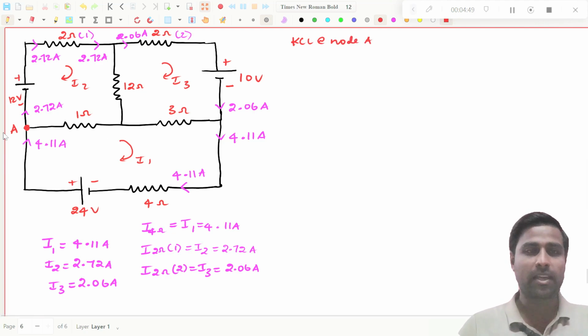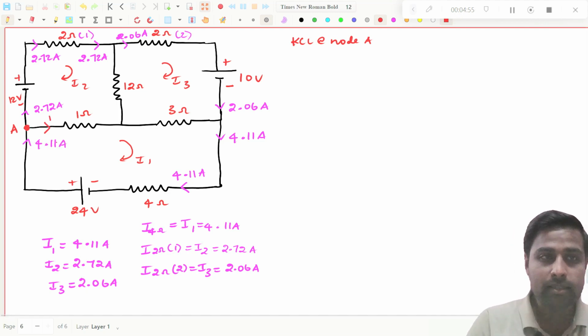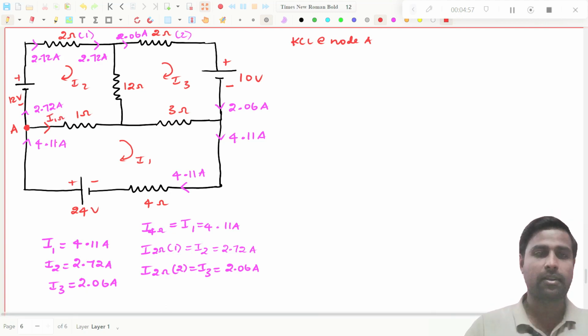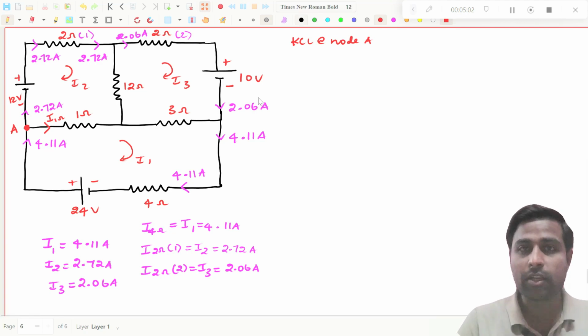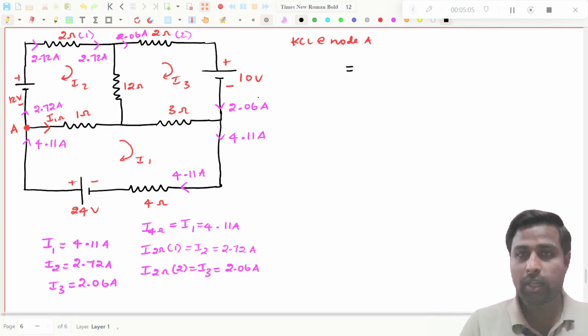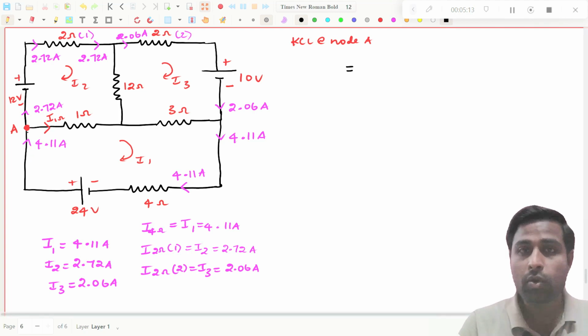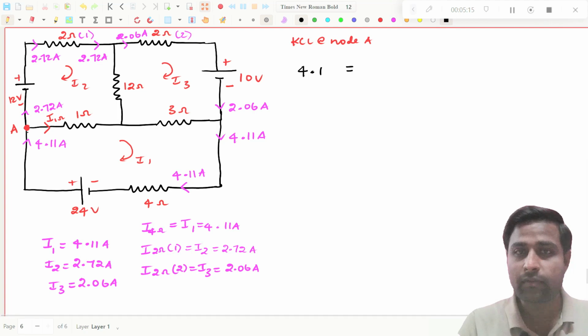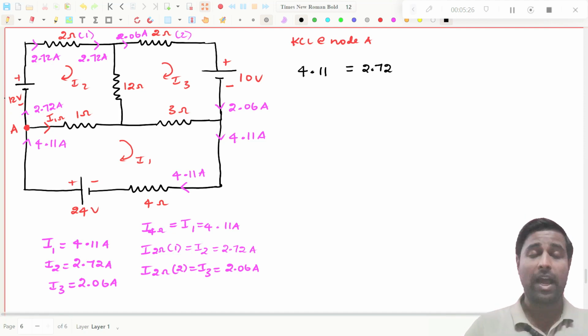If I apply KCL at node A, I will draw this as I through the 1 ohm resistor. This is the 1 ohm resistor current. Now you put the equal to symbol, you know the procedure now. You see, this 4.11 amperes is coming towards the node, so I have to put that on the left hand side: 4.11. And this 2.72 amperes is going away from the node, so it will be on the right hand side.